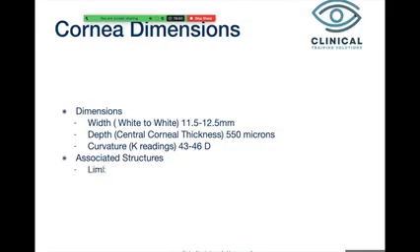Okay, and then the other structure we can think of is the limbus. The limbus is a little ring around the clear part of the cornea, and then it goes into the sclera and the conjunctiva. Now that little ring is very important because that's where the blood supply stops. No blood vessels should pass through the limbus and onto the cornea, because if they did, the patient wouldn't be able to see because there'd be lots of blood vessels.